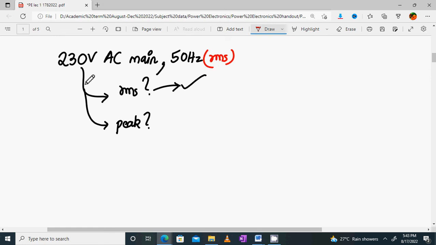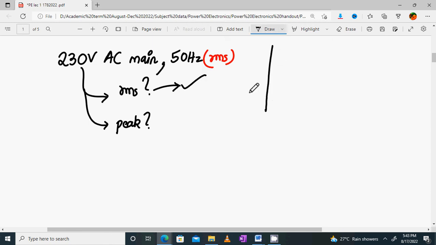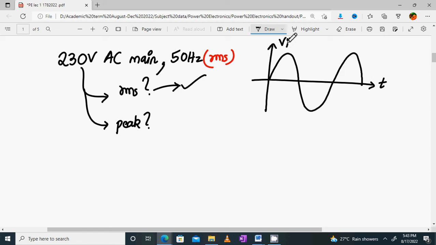But when we view such an AC signal on a CRO, we have to measure it in terms of peak value. Let me show you a small example. Let's consider this is our AC main supply, and this is, let's say, your V in.